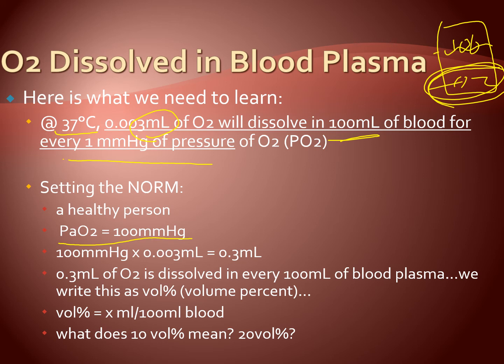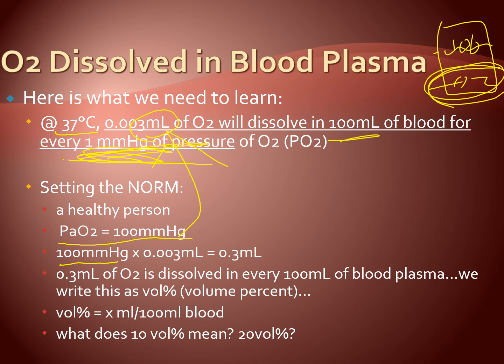So in order to turn this pressure into a volume, my conversion number is 0.003, right? For every 1 millimeter of mercury, we're looking up here at the top bullet point, 0.003 mLs will go in there.